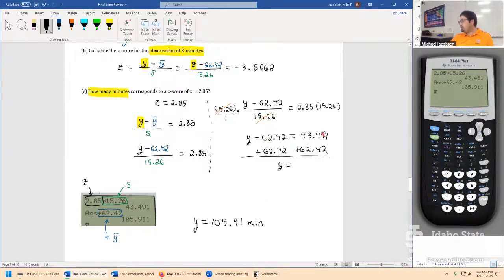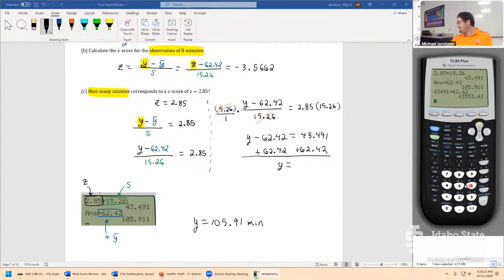So y is just 43.491 plus 62.42. That's what we did right here. It just doesn't look like it exactly. Ans is referring to 43.491, plus the 62.42 gives us something that doesn't look quite right.